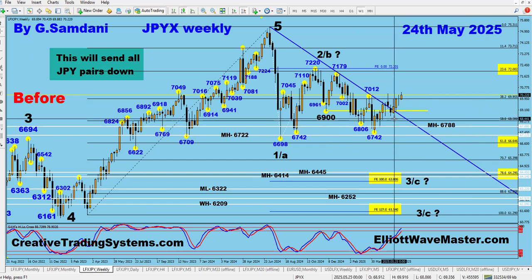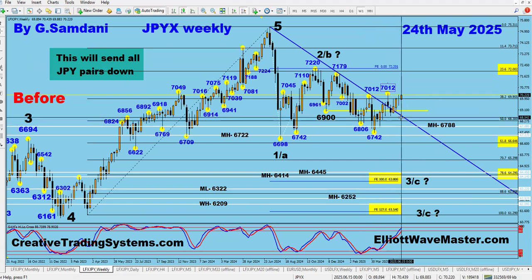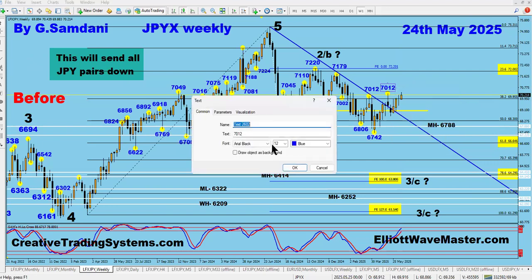So we are above this number, but see this high here? We are below this, whatever it is, 70.32. The highest we did is 70.44, in fact, but we came down below 70.32.